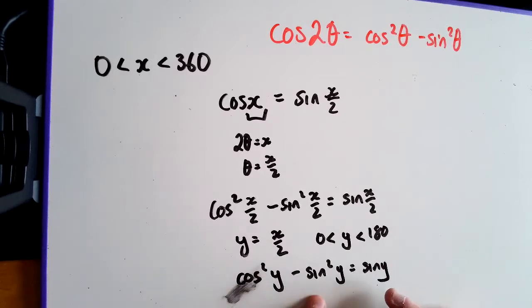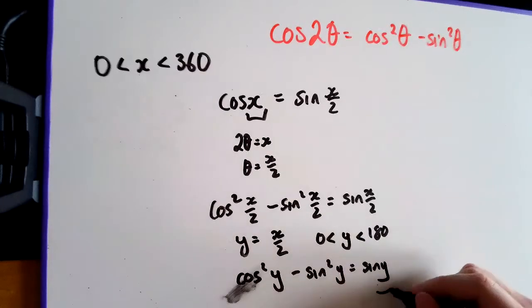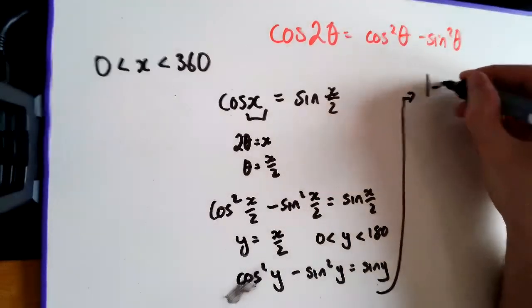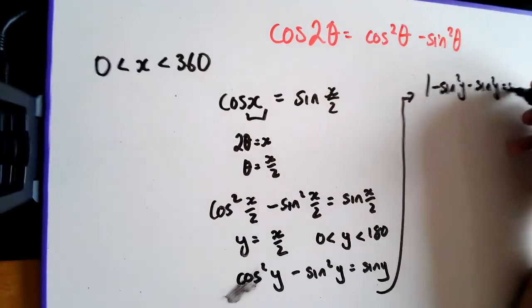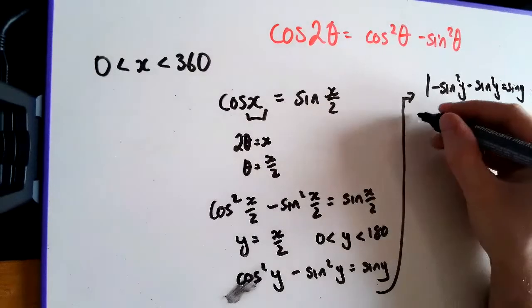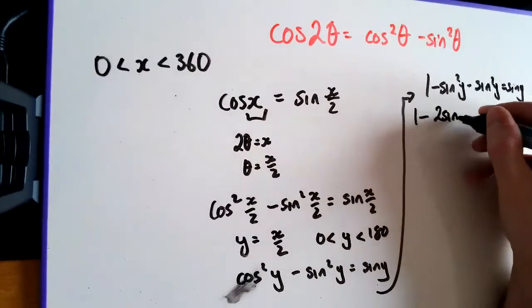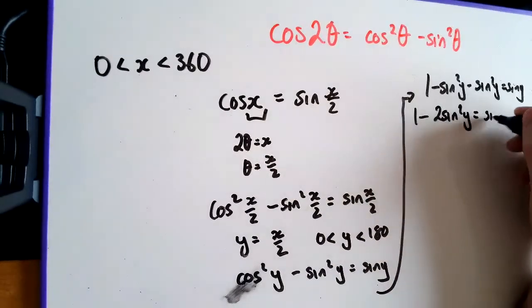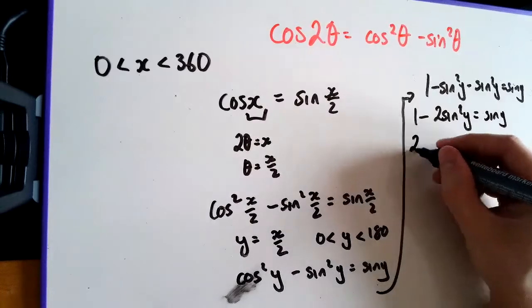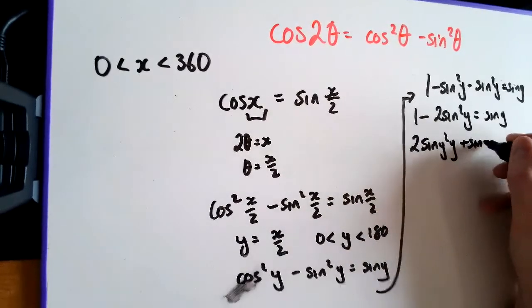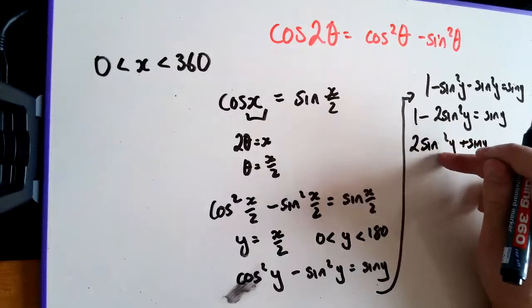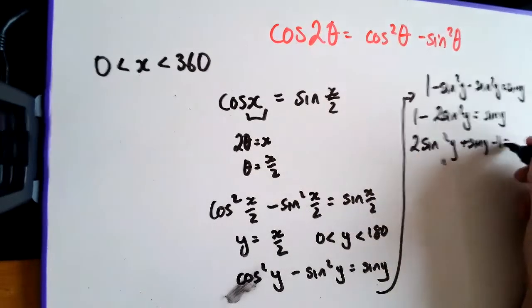Okay, so I've got a sine squared and a sine and a cos squared. So I'm going to change the cos squared by using 1 minus sine squared y, minus sine squared y equals sine y. So I'll simplify: 1 minus 2 sine squared y equals sine y. Take everything to one side. 2 sine squared y plus sine y minus 1 equals 0.